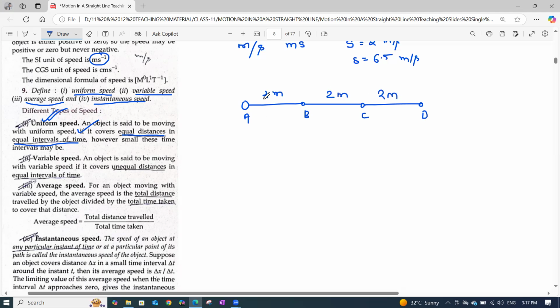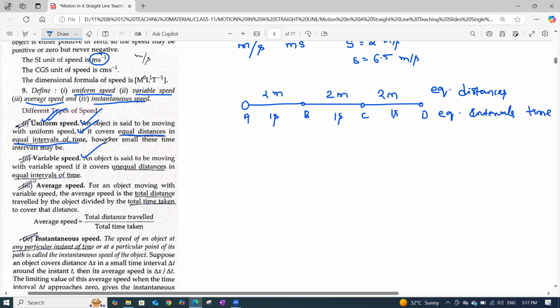If it covers 2 meters in 1 second, again 2 meters in 1 second, again 2 meters in 1 second, the body is covering equal distances in equal intervals of time. That is nothing but uniform speed.